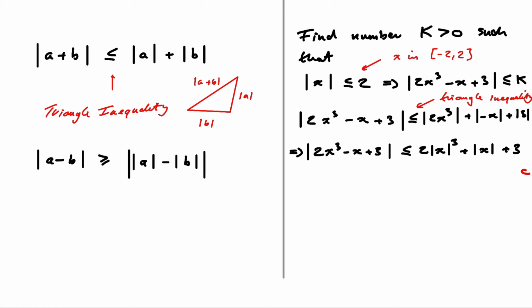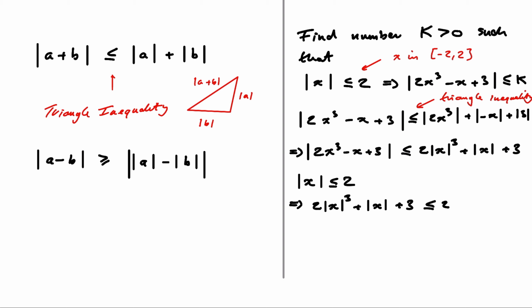So what do I know? I know that the absolute value of x less than or equal to 2, that's going to imply the following. It'll imply that this sum, what's the biggest it could be? Well, it's going to be the first piece. The largest it could be, well, the biggest it can be is if the absolute value of x is equal to 2.